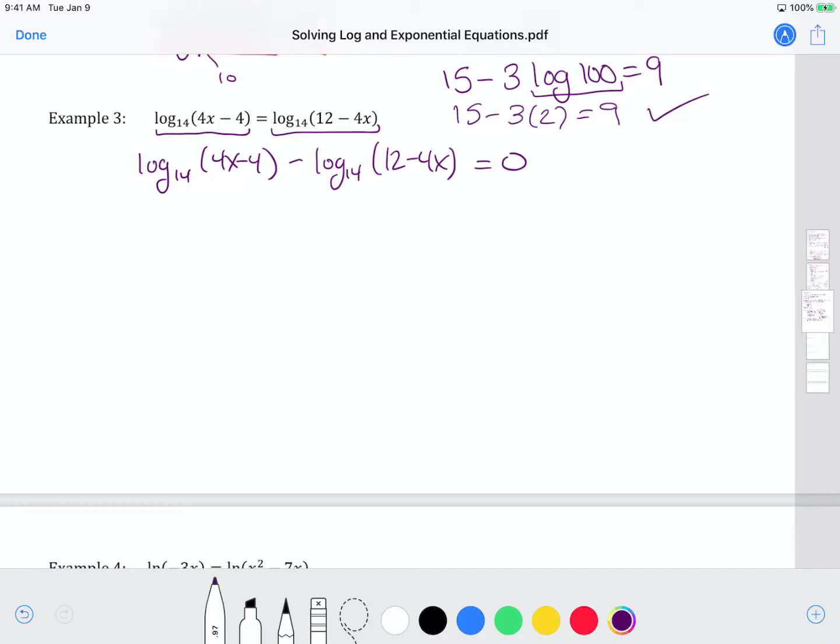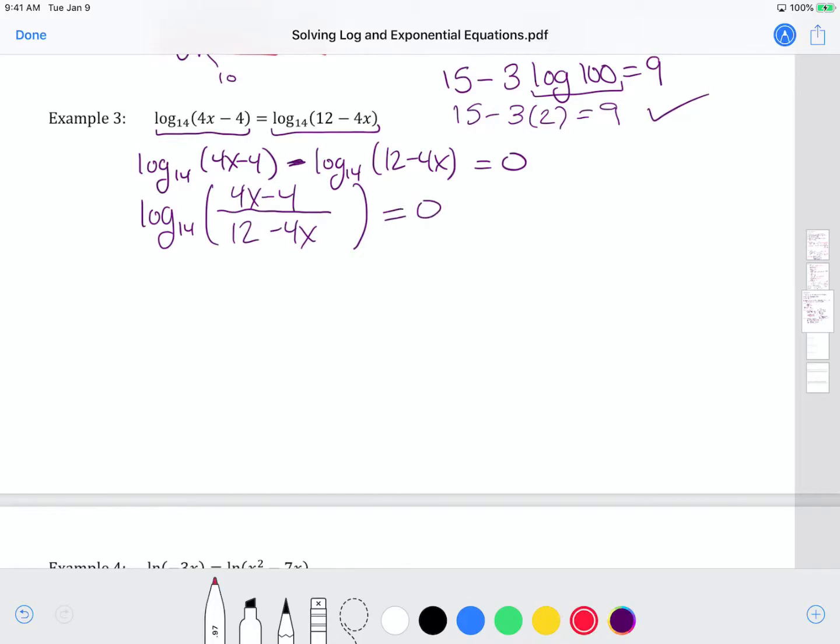Now that I have all my logs on one side, I'm going to condense it. And because this is subtraction here, I'm going to use the quotient rule. So I'm going to rewrite this as log base 14, and I'm going to set this up as a quotient. 4x minus 4 goes on the top, and the bottom would be 12 minus 4x.